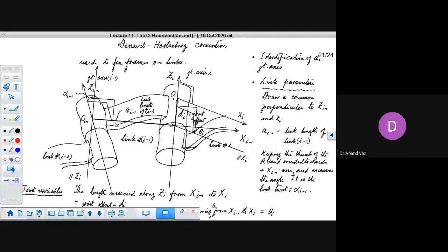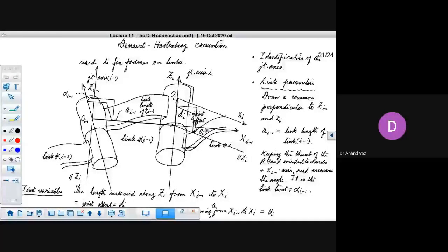In the same way, we also have this joint axis Zi. It is the axis about which the relative motion between link i minus 1 and link i takes place. Link i is not shown completely here.